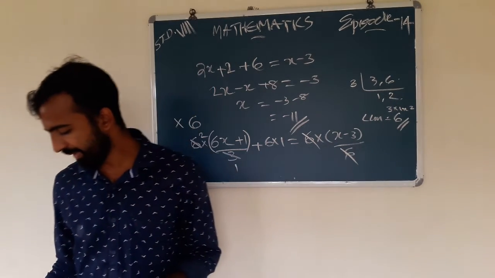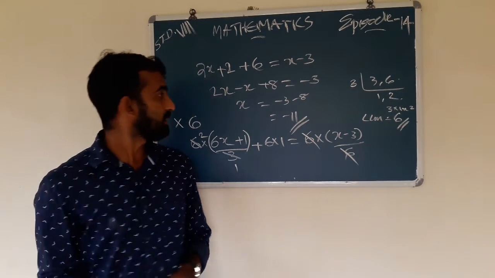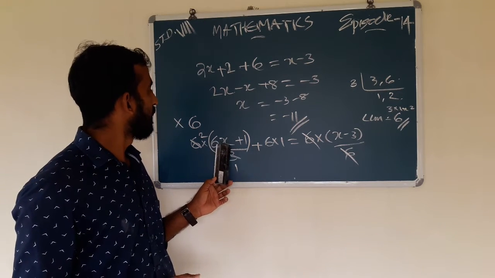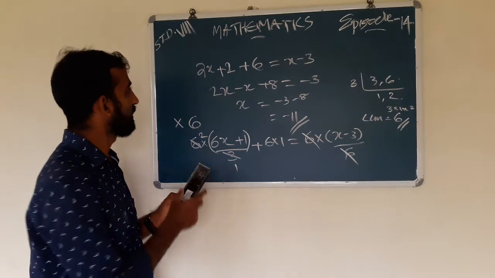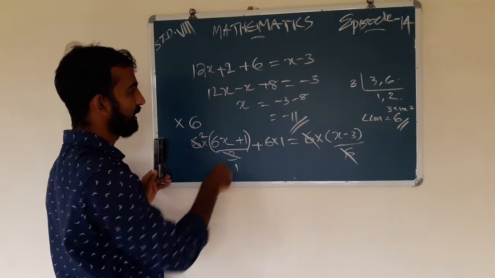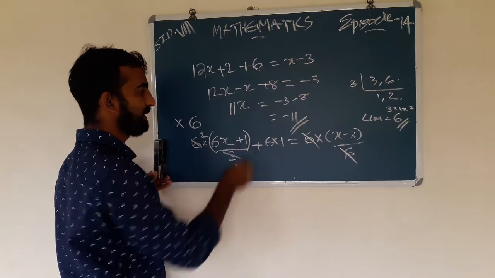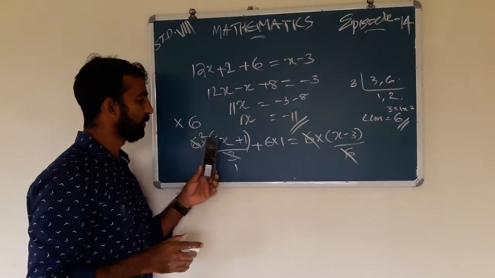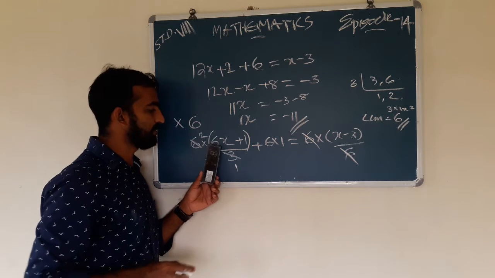Minus 11, is it? Sorry, here 2 into 6x means 12x. This 12x minus x is 11x. Here 2 into x is not 2 into 6x.